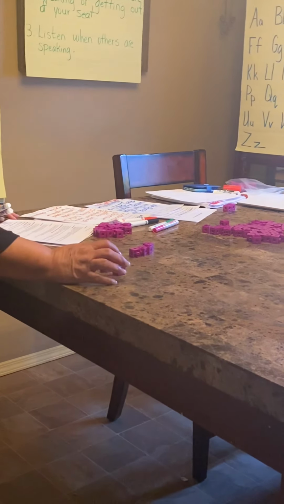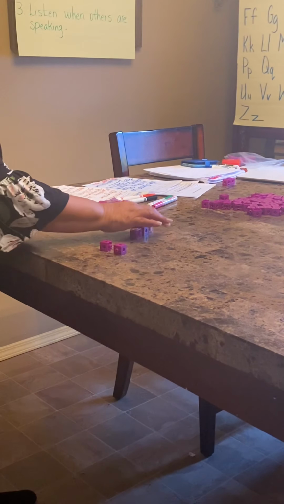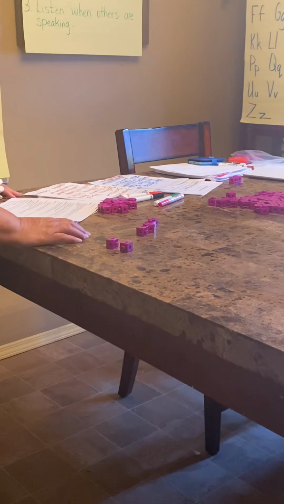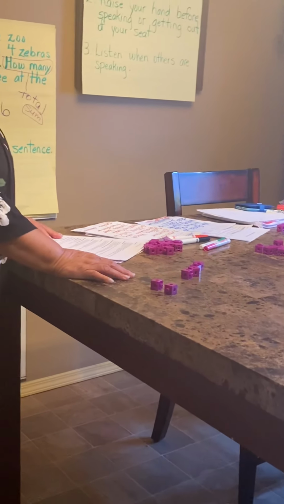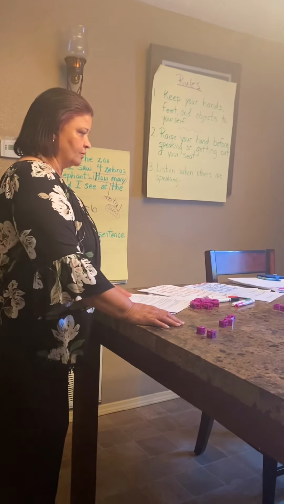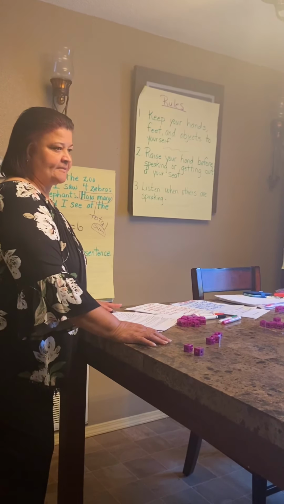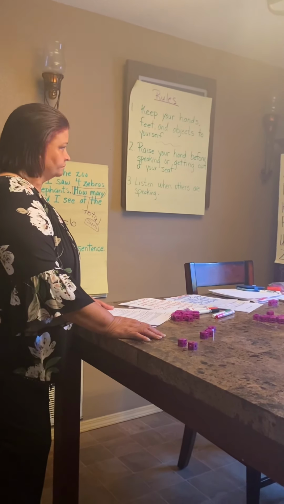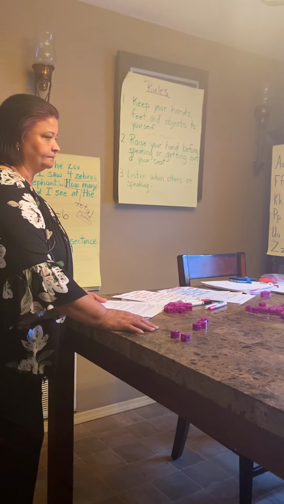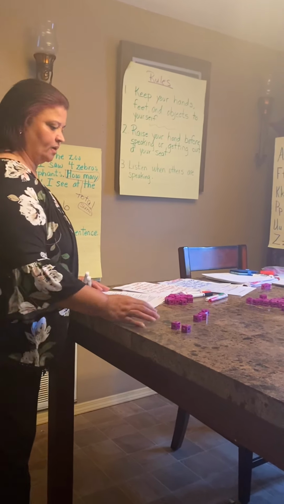I'm going to take them and add them together. 1, 2, 3, 4, 5, 6. So I got 6 animals. That was the total number of animals that I saw on Saturday. That's how we work a math word problem. Any questions? No questions? We understand? Okay.